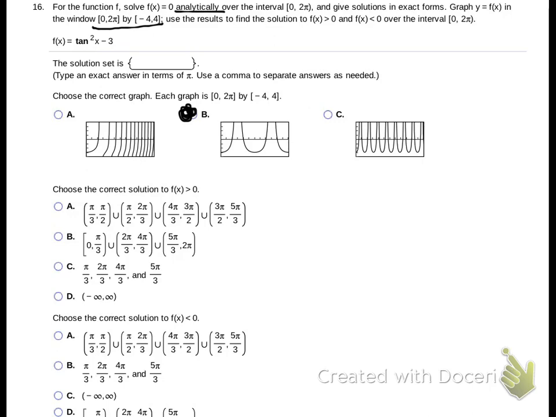Okay. Let's solve this analytically. So let's set this equal to 0. So let's add 3.